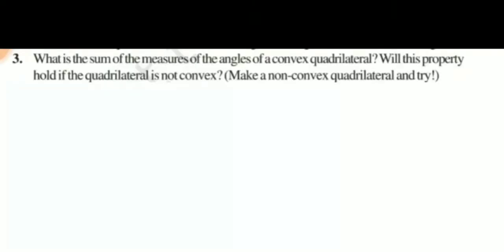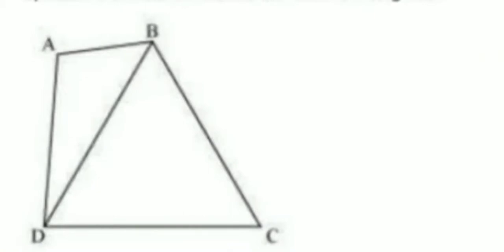What is the sum of the measures of the angles of a convex quadrilateral? Will this property hold if the quadrilateral is not convex? So, the sum of the measures of the angles of a convex quadrilateral is 360 degrees, as a convex quadrilateral is made of 2 triangles. Okay, and you can see here ABCD is a convex quadrilateral made of 2 triangles. One is ABD and the second one is BCD.